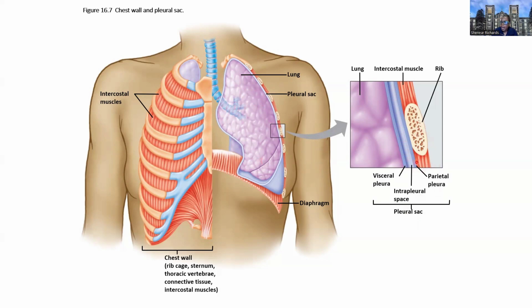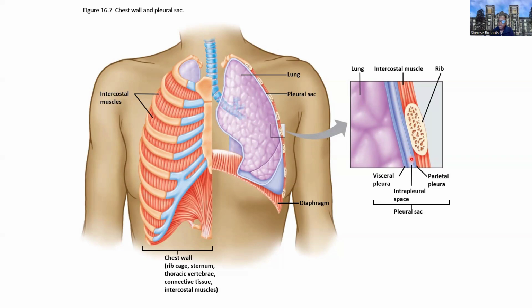And I'll talk about why this space should never have air. Okay, if there's air in this space, that is dangerous. You're actually going to collapse your lung if you ever introduce air into this pleural space. So it should be not only a space with fluid, but a negative pressure space to allow the suction that keeps these two structures together.